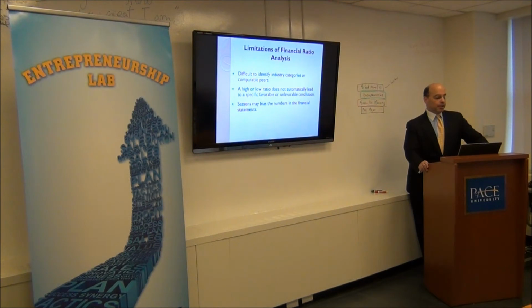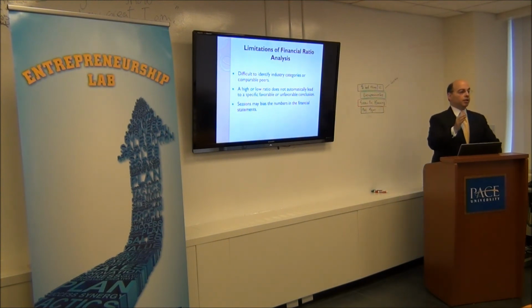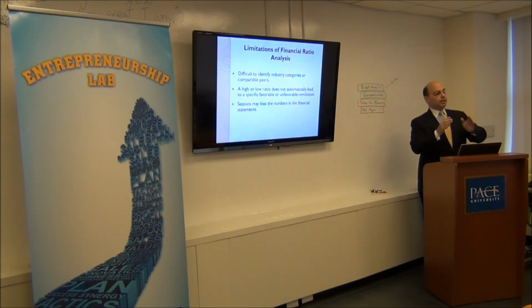For example, it's difficult to identify industry categories or comparable peers. You may have such a unique business where you ask, what's the closest thing to it? You go to the library, you go online, you get these databases, and then you say, I'm industry A, maybe A prime is the closest, and you use that as some type of benchmark.